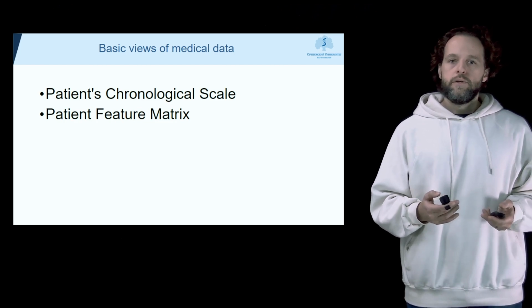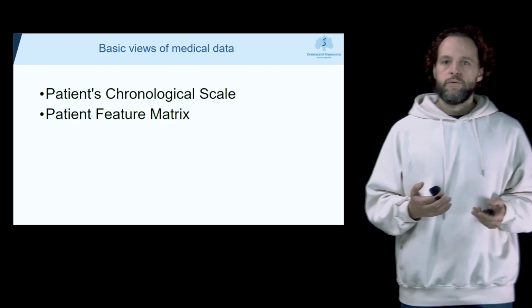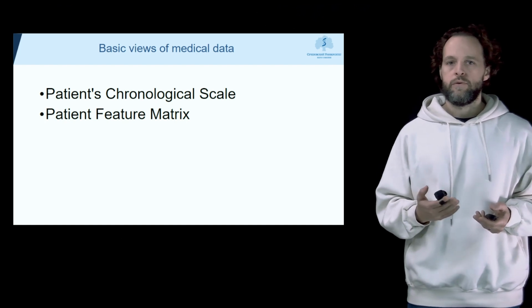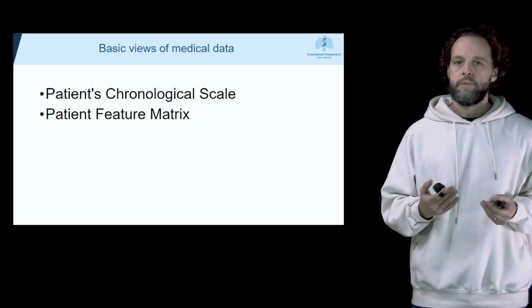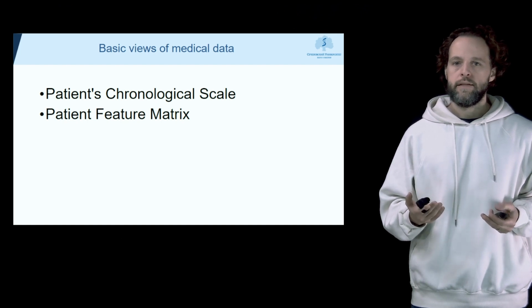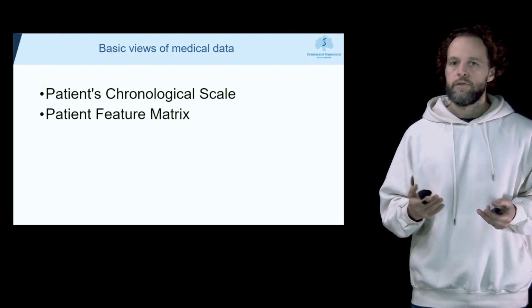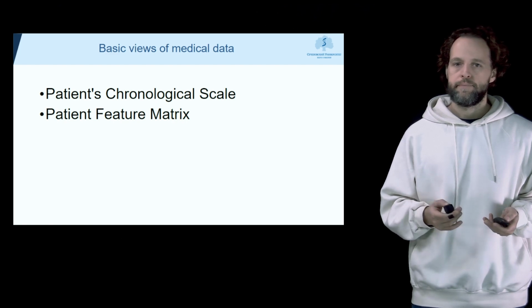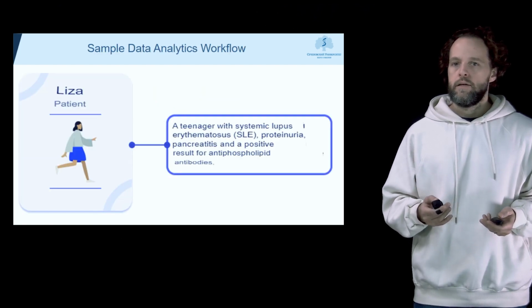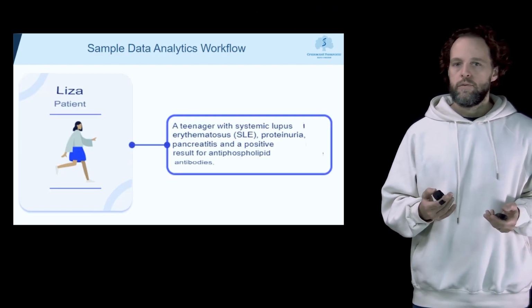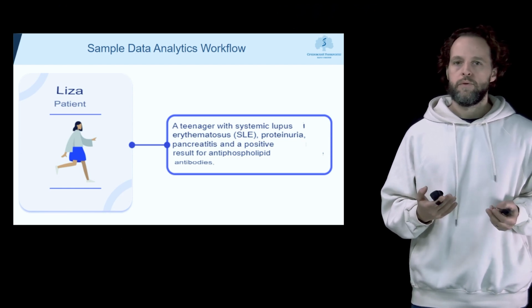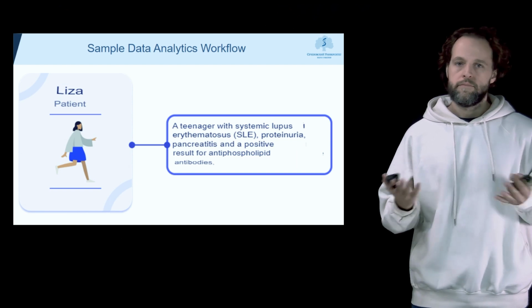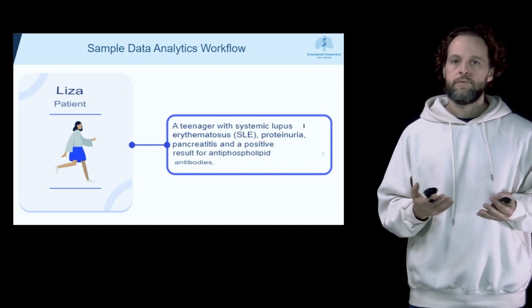In this section, we'll focus on the following 2 views of medical data. First of all, it will be patient's chronological scale and patient feature matrix. And as an example, we will focus on some prototype for a patient.